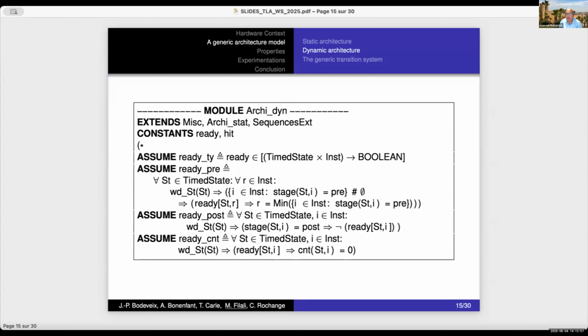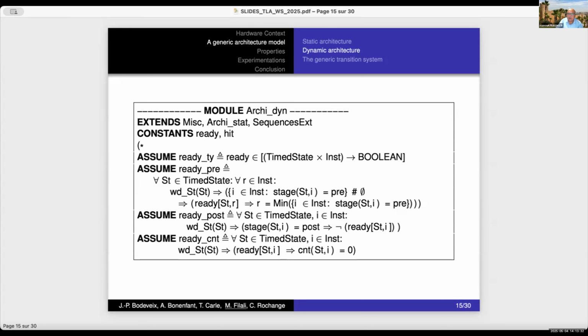So how do we model the dynamic architecture in TLA+? Since we aim to design a generic architecture, we have only stated what should be the properties of what we call a ready status for an instruction. So we have some assumptions about this ready status and about who should leave stages.